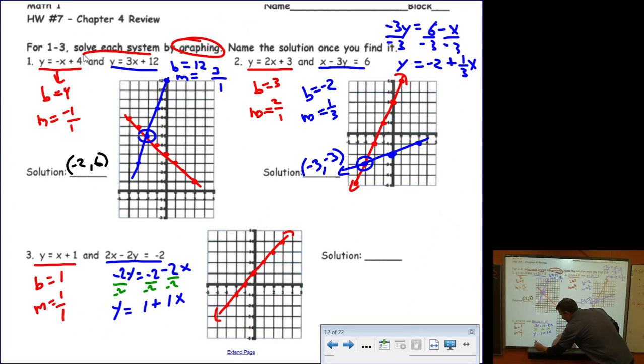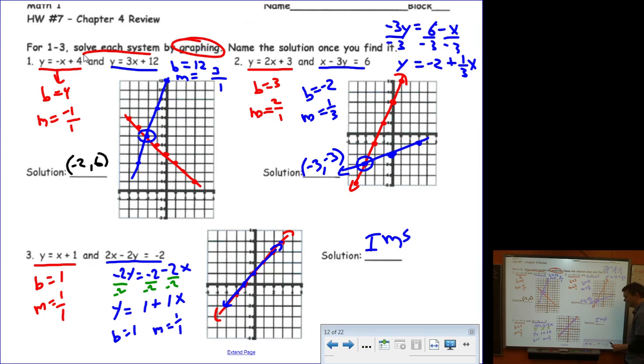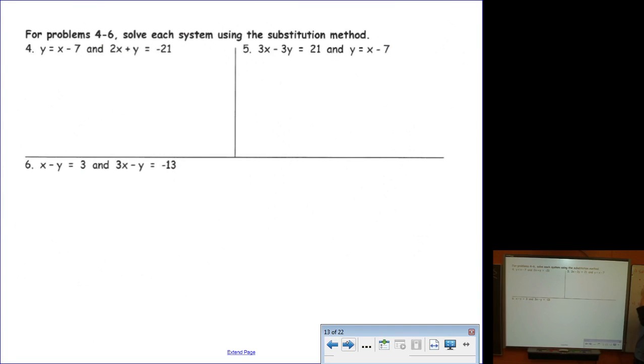So that one has a y-intercept of 1 and a slope of 1. And it turns out that that is the same line that I already had graphed. So since those are the same line, every point on the line is a solution, and there are infinitely many solutions. We are now solving by substitution.